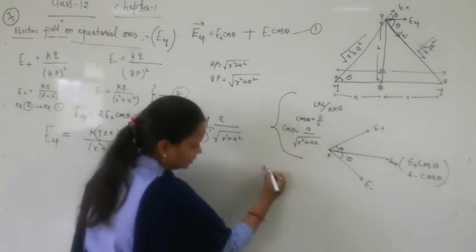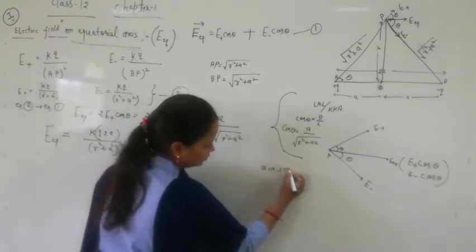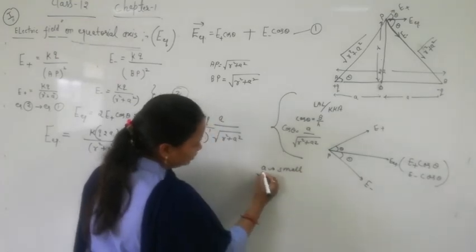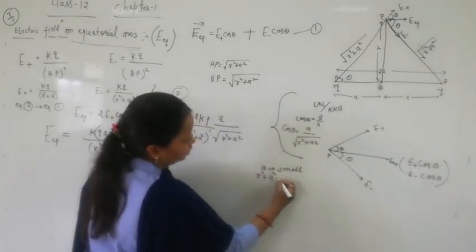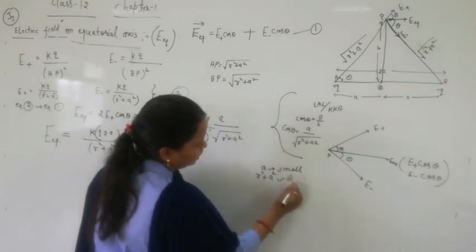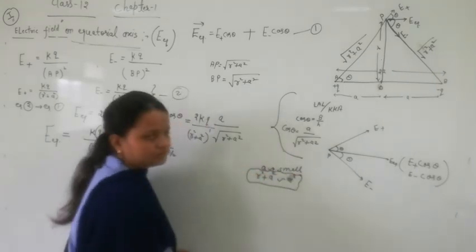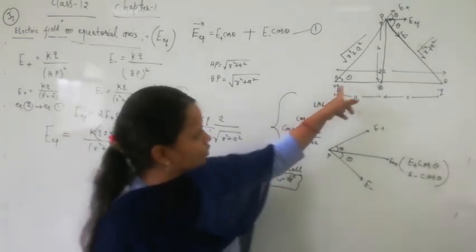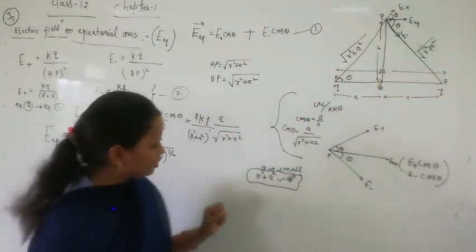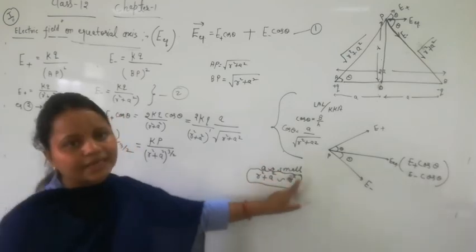Actually a is very small, because the separation of the dipole is very small, so the small a square term will be neglected here.